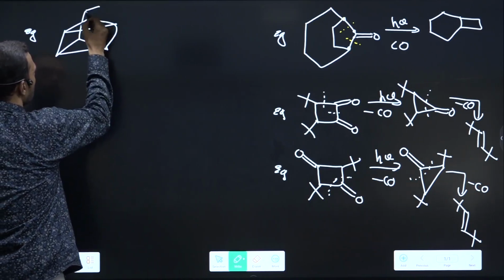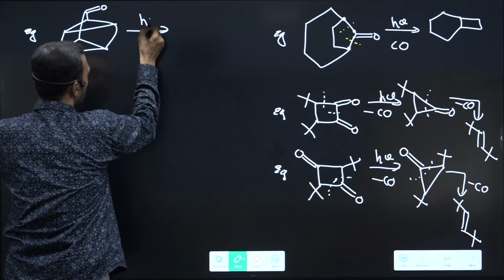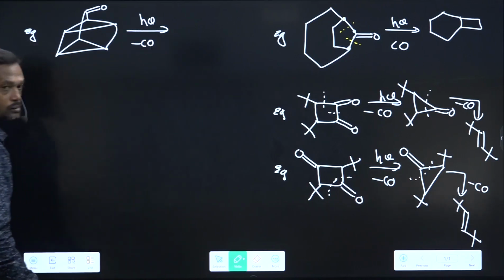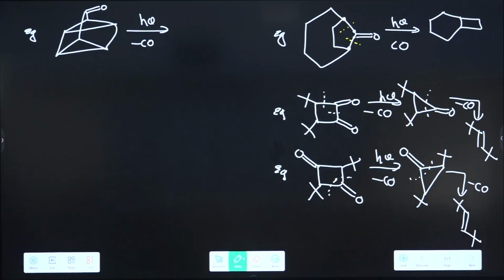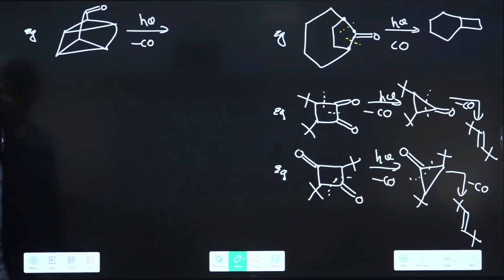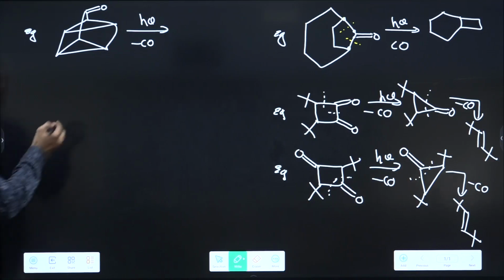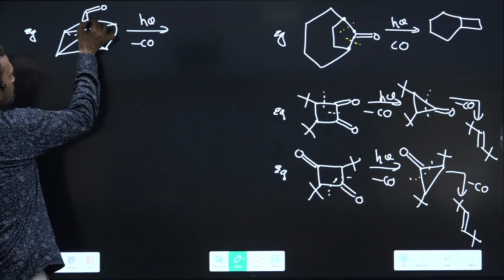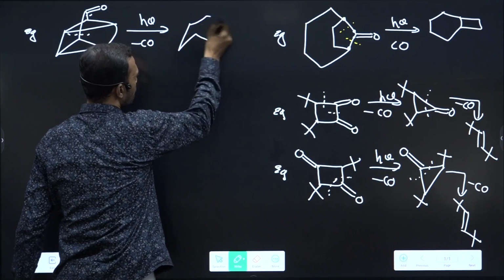So here this is C double bond O. Photochemical loss of CO. So break this and break this side, and loss of CO will give this answer.